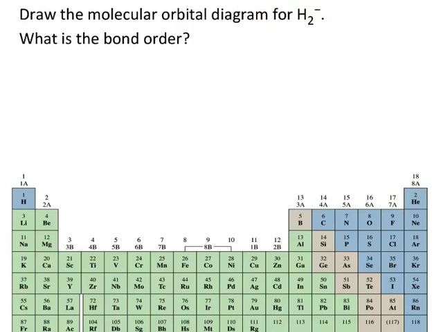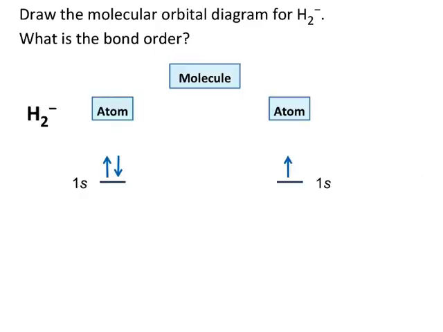Okay, so here's a kind of simple example. Draw the molecular orbital diagram for diatomic hydrogen, the negative ion, and then what's the bond order? And then you can already guess it's going to be paramagnetic because there's 3 electrons total, so somebody's going to be unpaired. All right, so the diagram looks like we've done before. Atoms on the side, molecule in the middle.